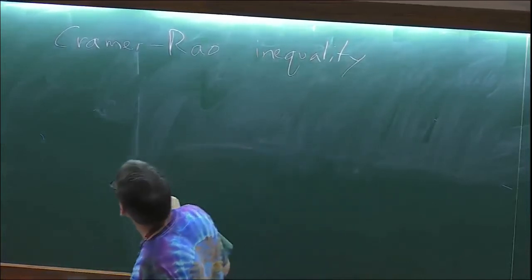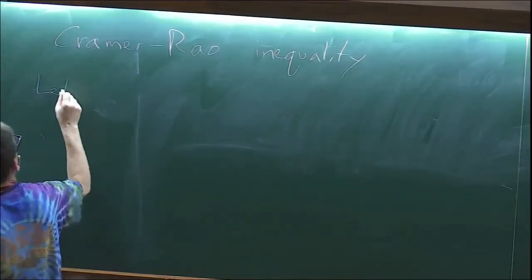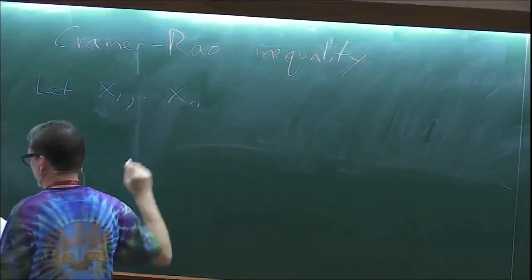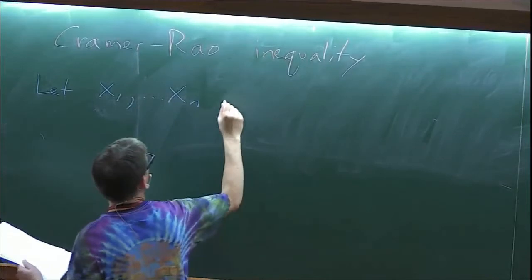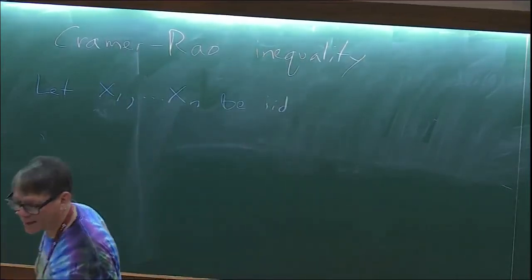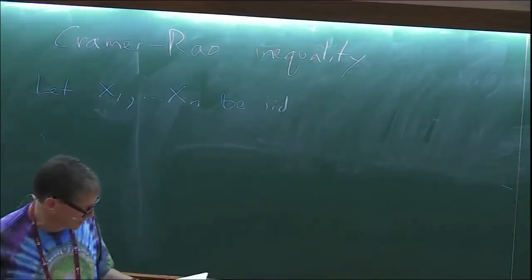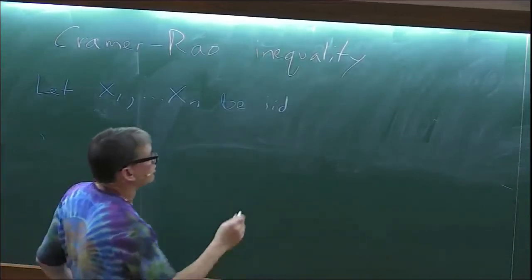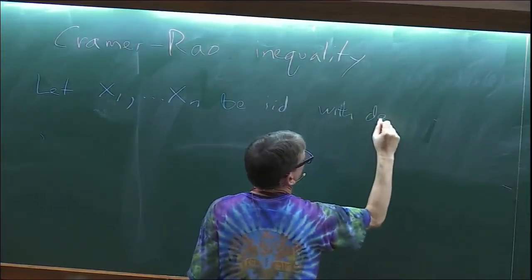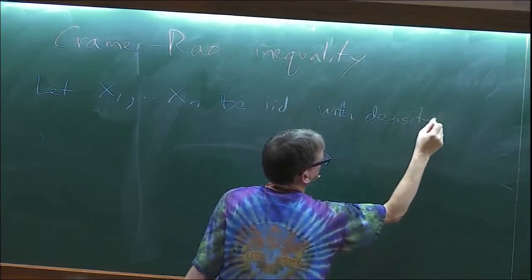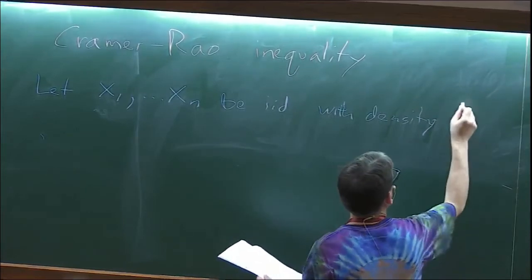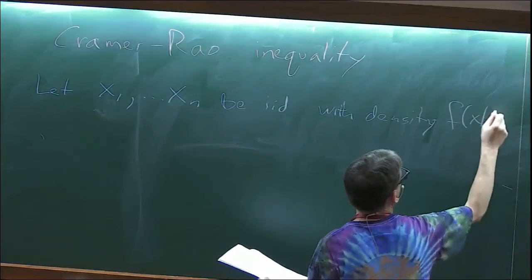So let X1 to Xn be IID, independently identically distributed, with density f of x given theta.